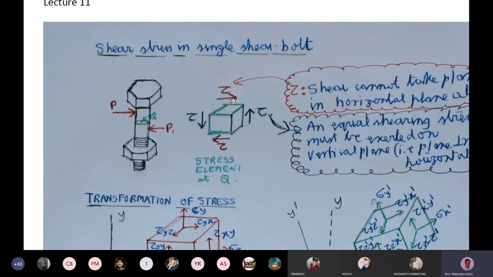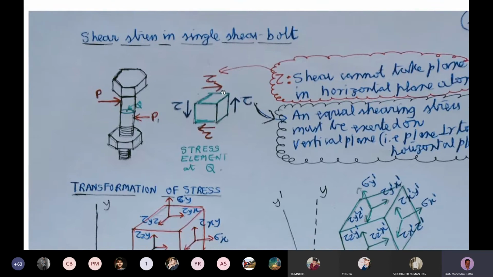Okay. However, these 2 shear forces cannot balance each other because they will produce a net clockwise moment. So to balance it, we need a shear force acting on the vertical planes around that point Q. So there is a shear stress tau in the downward direction, and here the shear stress tau in the upward direction.